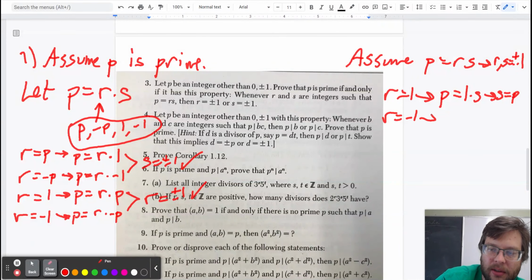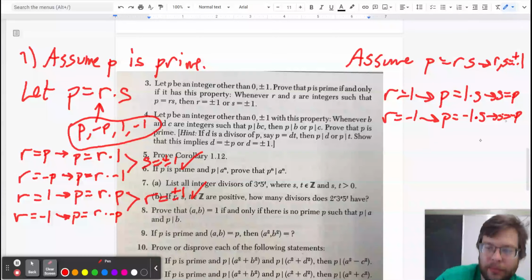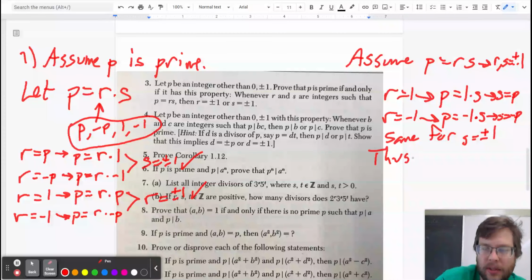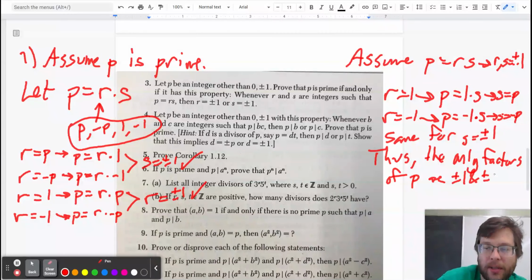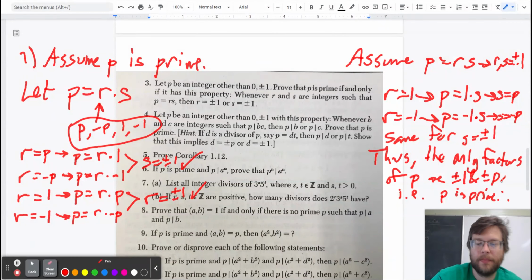If r equals negative 1, p equals negative 1 times s, which implies that s is equal to negative p. And so the same argument for s equals plus or minus 1. Thus, the only factors of p are plus or minus 1 and plus or minus p. And that means p is prime. And so there we go.